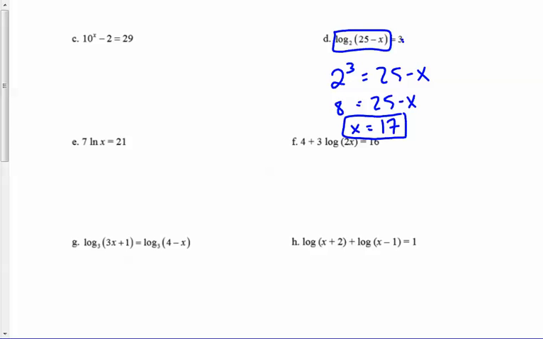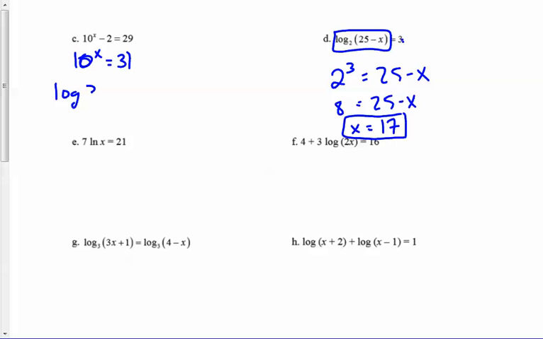Okay? When you're solving, the only way to get the variable that you want to solve out of the logarithm is to rewrite it in exponential form. And that way you can work with it. Same way, if we have 10 to the x equals 31, my exponent is the variable. How do I get that out? Well, I rewrite it in log form.